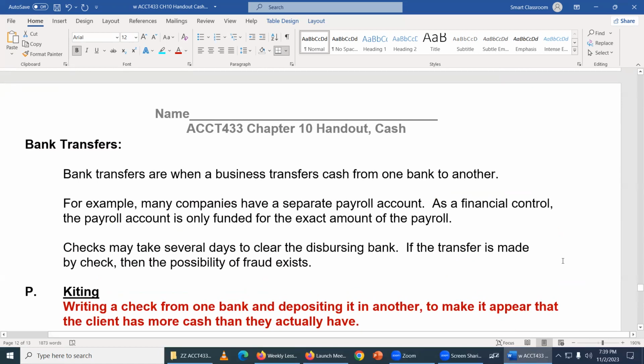Okay. Well, let's do the multiple choice questions. We'll kind of do these together. I'll send them out. Let me see if I can.